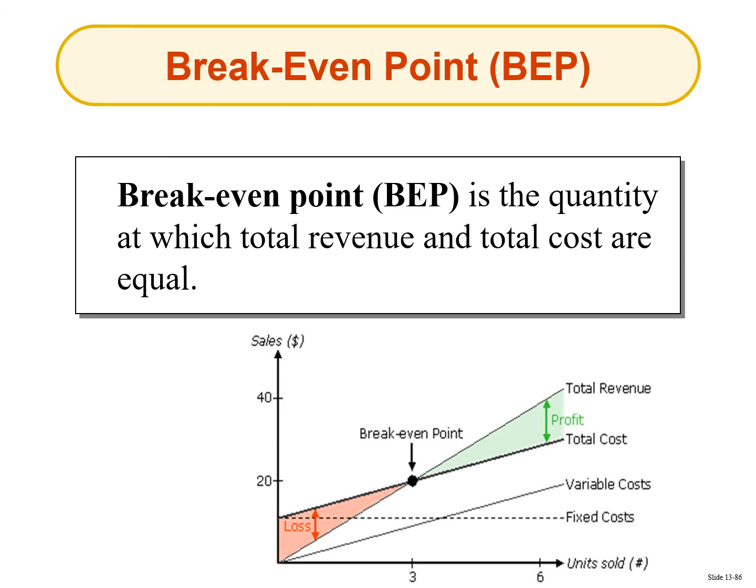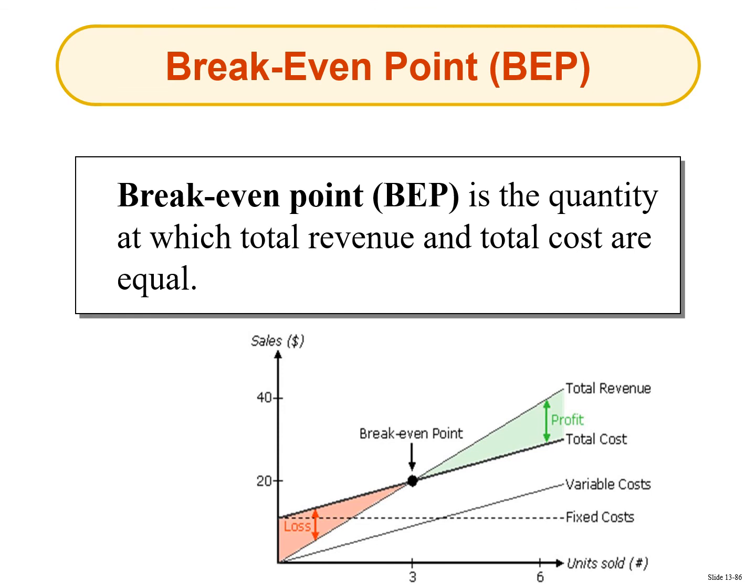So where the total revenue line intersects your total cost, that is the point where you start making profit. Until then, you were just incurring losses because you still had to pay for fixed costs, even though you're not paying for variable costs much, but you still had to pay for fixed costs until you reached a point where your total costs equaled your total revenue.